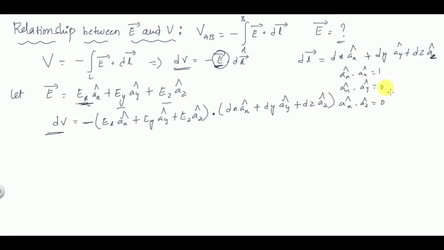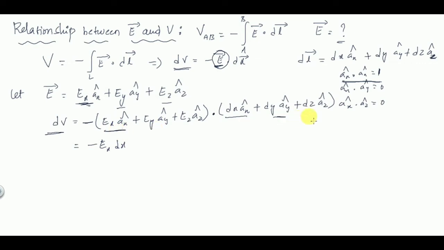Similarly, if we have the same unit vectors, the dot product between them is 1. If you have different unit vectors, the dot product is 0. So what does it become now? Ex Ax cap dot dx Ax cap will be minus Ex dx. Ax cap here, Ay cap here, so it will be 0.